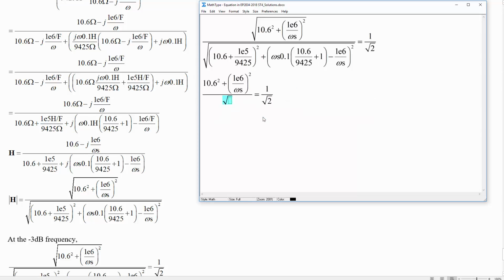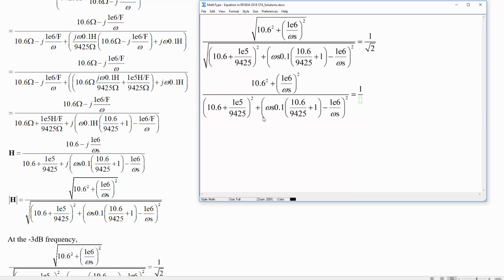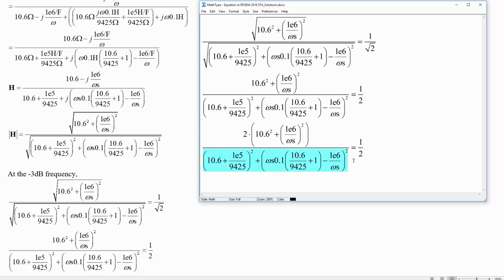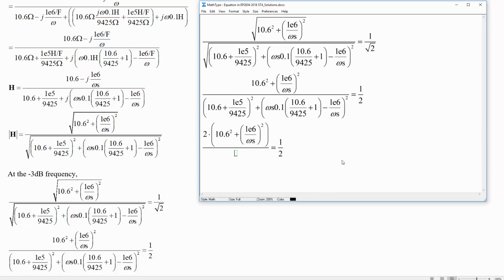Okay, so now we can square both sides to simplify that a bit, and we're going to end up with 1 over 2 for that. Then we can cross multiply, end up with a 2 times this stuff. And then over here, we're just going to have that left over on that side.